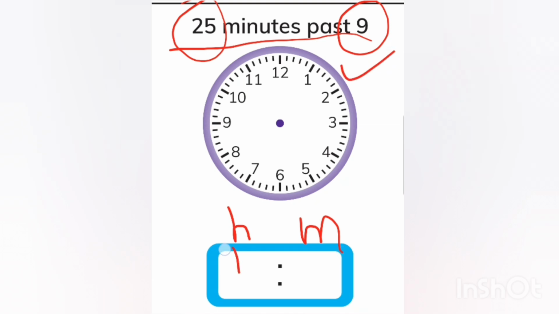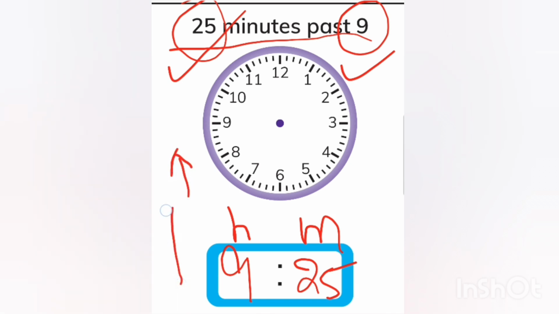This is hour. 9 hour. How many minutes? These are minutes. 25 minutes. In analog, what we will do, how are the hours and minutes showing? The small needle is showing hour and the big needle is showing minutes. So the small needle will be between 9 and 10, a little bit over, because it's not exactly on 9.